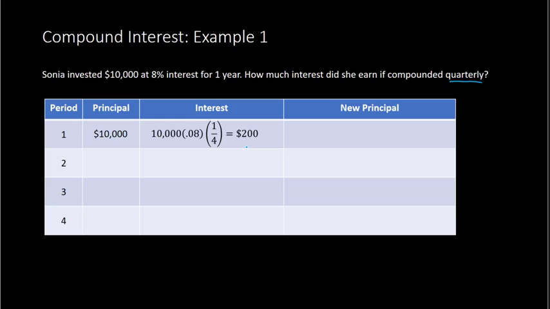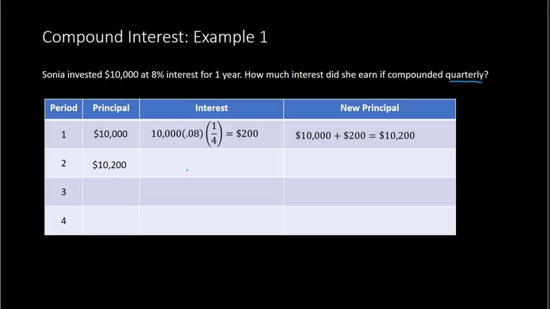So at the end of the first quarter, I have $10,000 plus the interest earned, which was 200. So 10,000 plus 200 is 10,200. Now when the second quarter begins, I have $10,200. So this is my principal going into quarter 2.